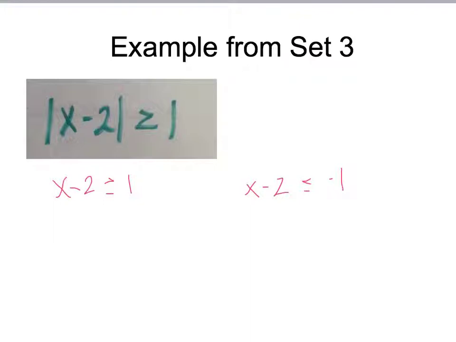So I'm going to add 2 to both sides. On the right side, x is greater than or equal to 3, or if I add 2 on the other side, x is less than or equal to positive 1. So usually this one comes first, the one that's pointing to the left. So x is less than or equal to 1, or x is greater than or equal to 3.